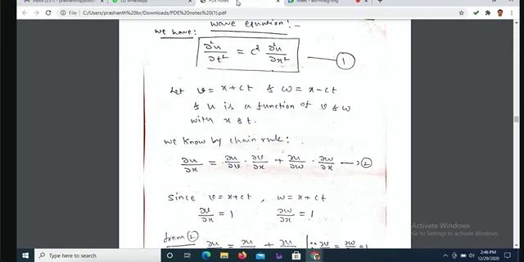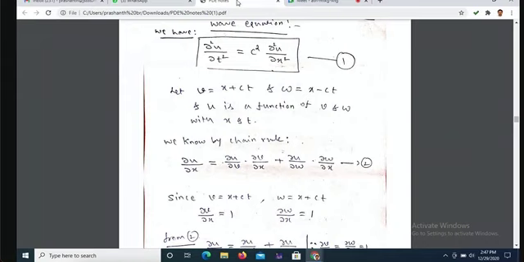You already know what the chain rule is. In the second semester you studied that dou u by dou x can be written as dou u by dou v into dou v by dou x, plus dou u by dou w into dou w by dou x, because u is a function of v and w. If you differentiate with respect to x, you have to differentiate with respect to x for v as well as w.